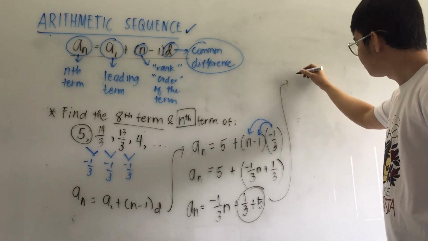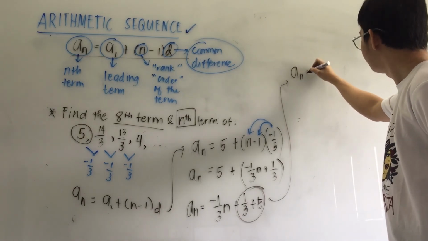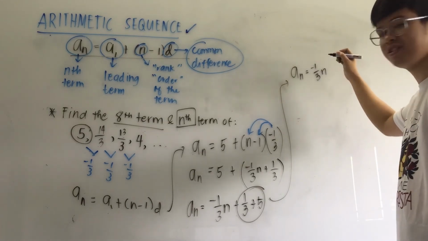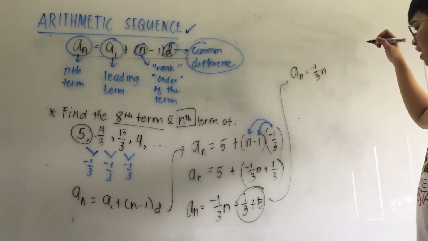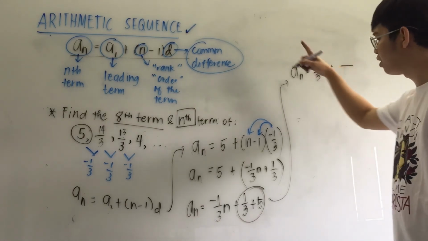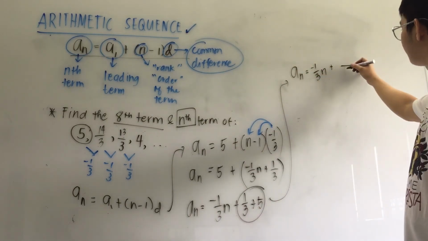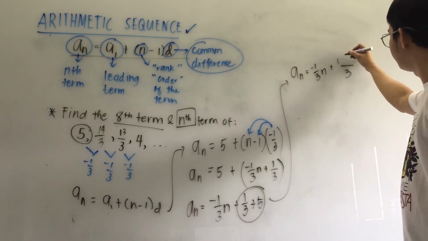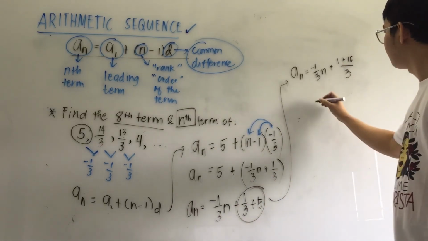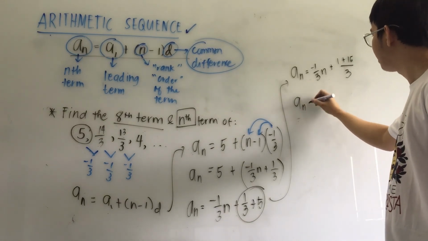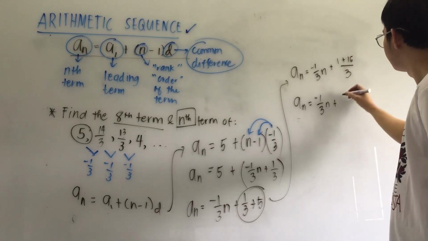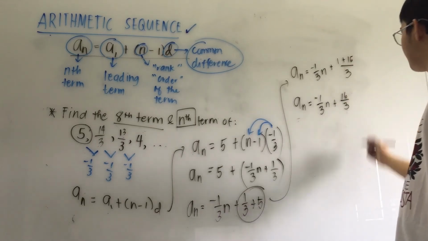Therefore, you can have a sub n equals negative 1/3 n. I hope this can still be seen in the frame. Plus, just have to repeat what we did earlier. 3, 1 plus 15. Therefore, this becomes a sub n equals negative 1/3 n plus 16 over 3.